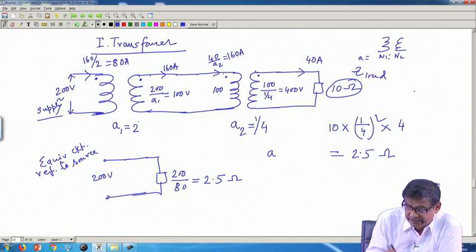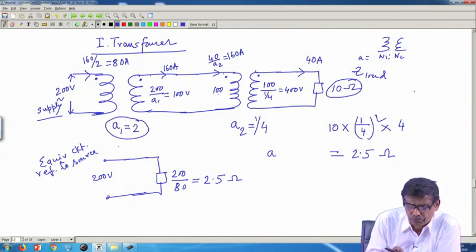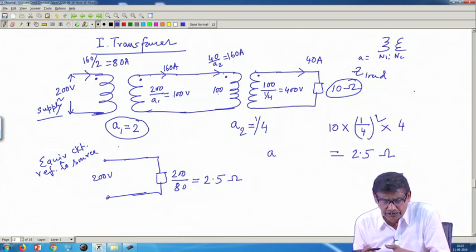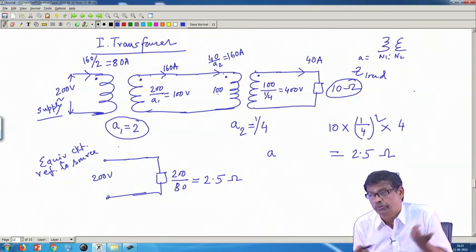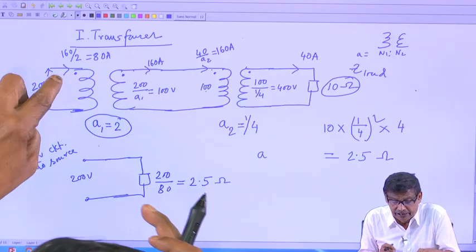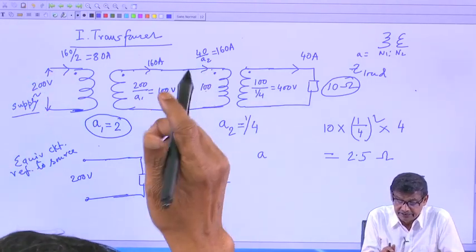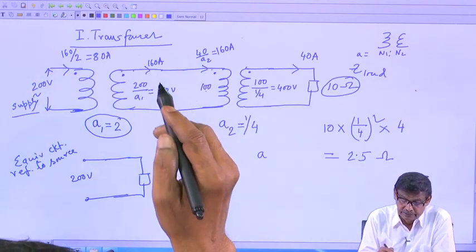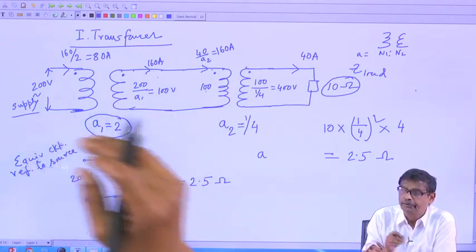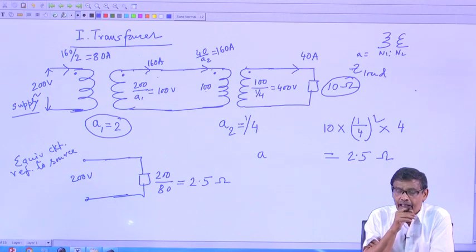For example, take this transformer. Turns ratio is 2, 200 volt. LV side voltage will be lower and A is greater than 1. So, you have to divide it by 2. And if you know this current, this side current, which is LV side, I know which one is LV, which one is HV, and I am telling you LV side current is always higher.